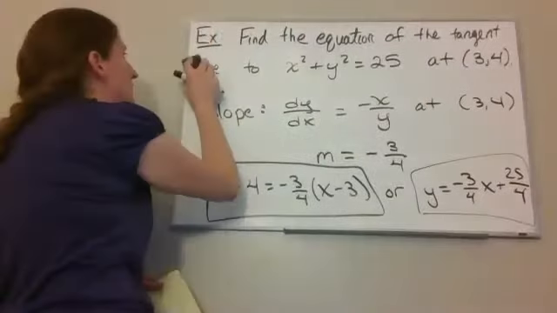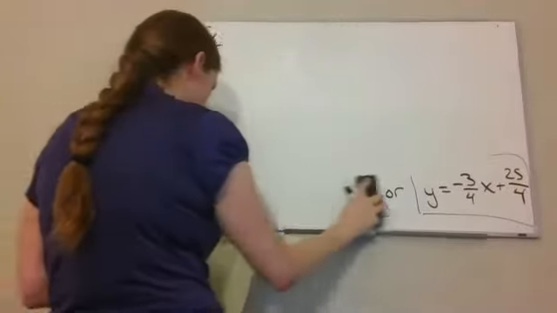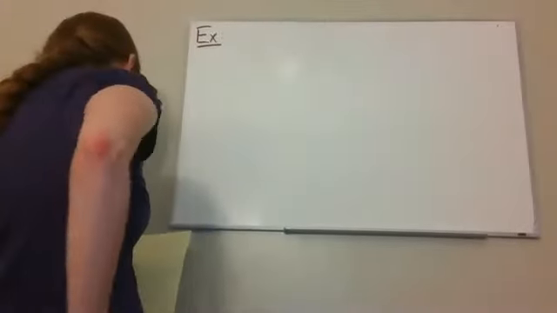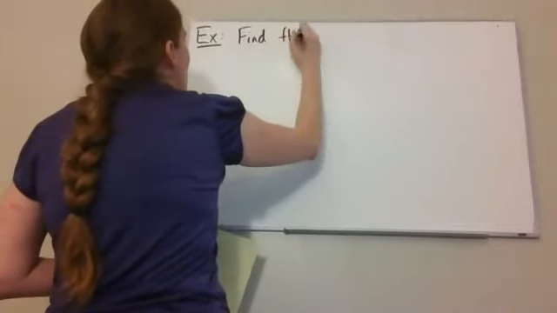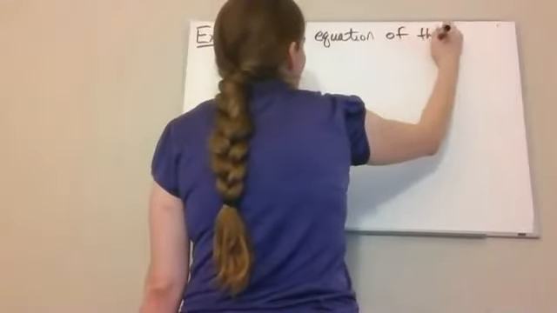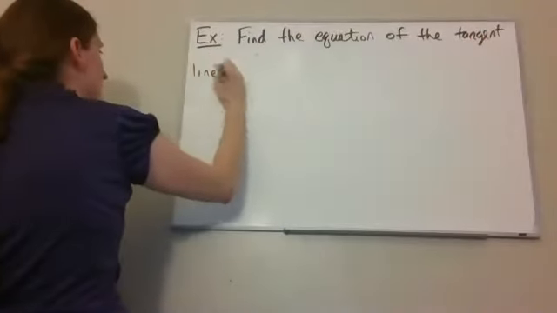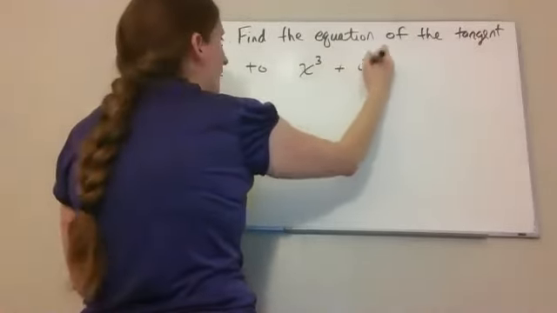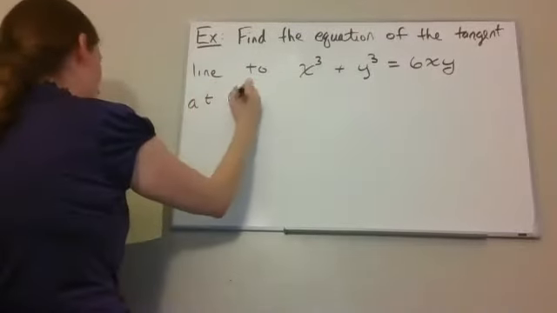Let's do another example. Find the equation of the tangent line to the curve x to the third plus y to the third equals 6xy at the point 3, 3.